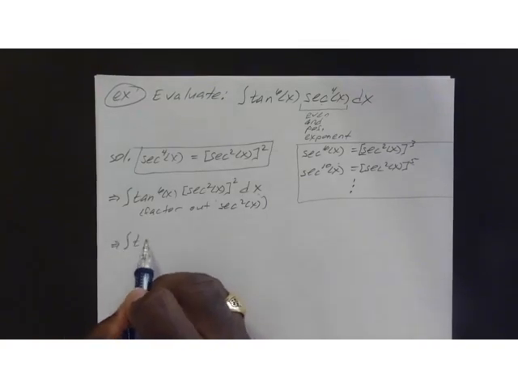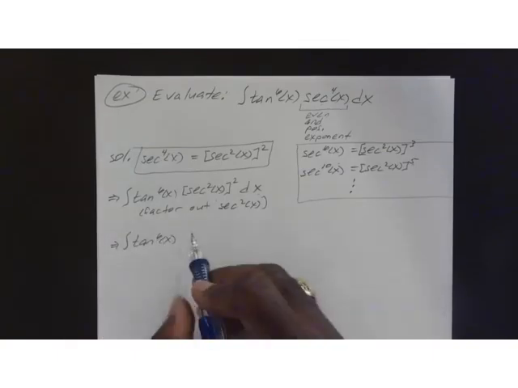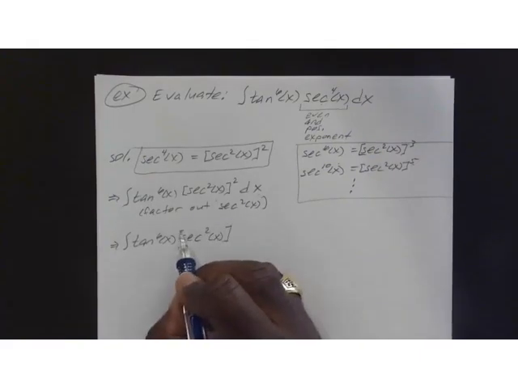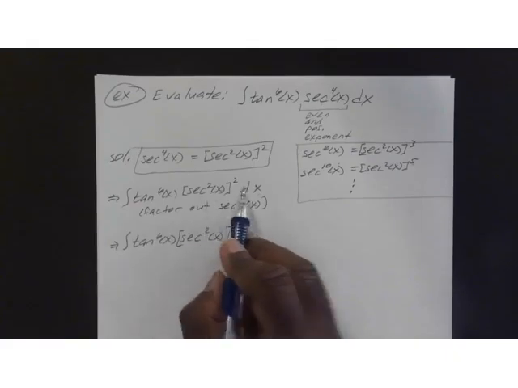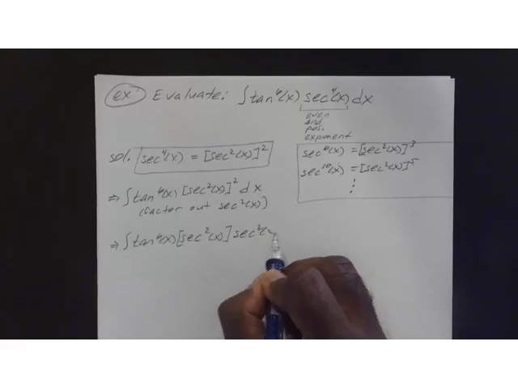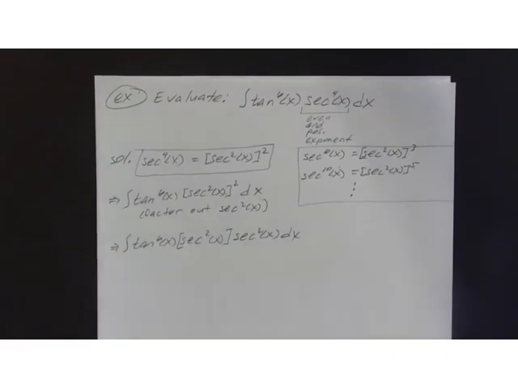Take the integral of tangent to the 6th power times secant squared of x. One of those we're going to factor out. That secant squared that we factored out just ends up next to the dx.